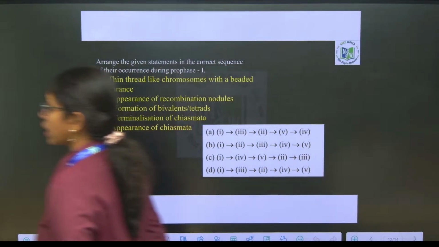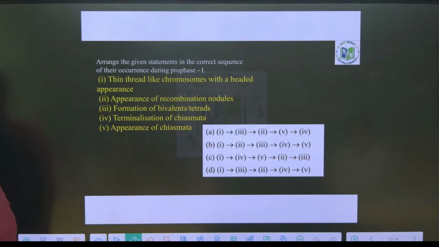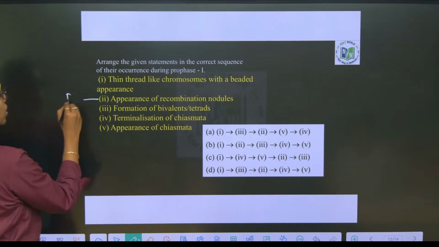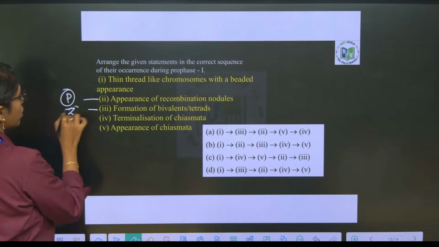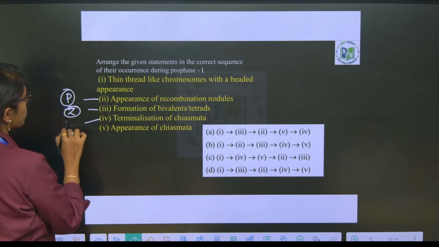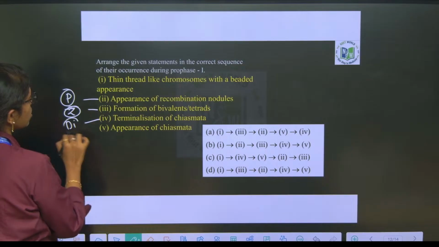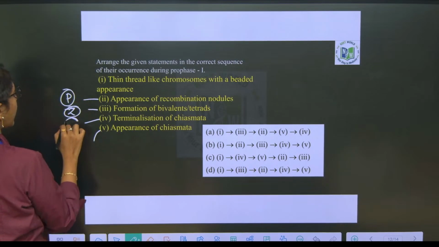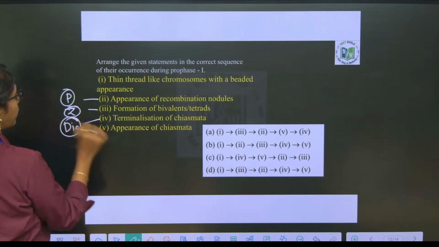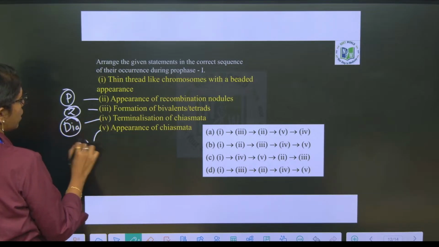Next, look at it. Arrange the statements in the correct sequence. Thin thread-like chromosomes with beaded appearance of recombination nodules in pachytene. First you note down the stages. Formation of bivalent in zygotene, good. Terminalization of chiasmata in diplotene. Appearance of chiasmata in diakinesis.